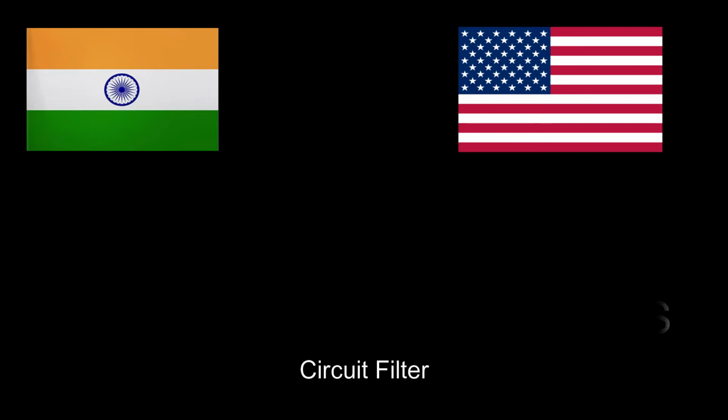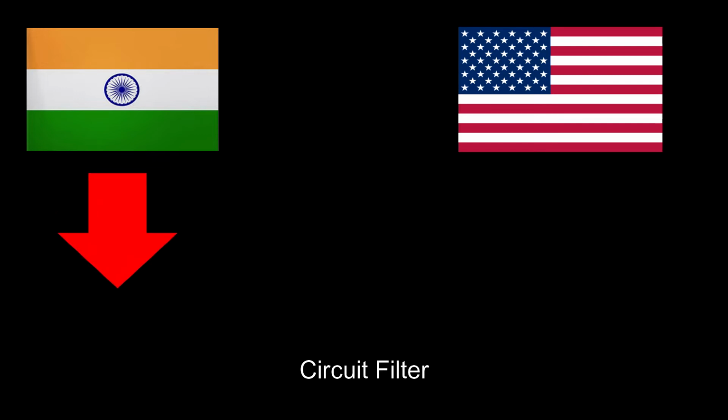Now coming to the circuit filter or market-wide circuit breaker. In India, the circuit filter is 10%, 15%, and 20%. What that means is, if the market crashes by 10%, then there is a halt. If it crashes by 15%, there is another halt.